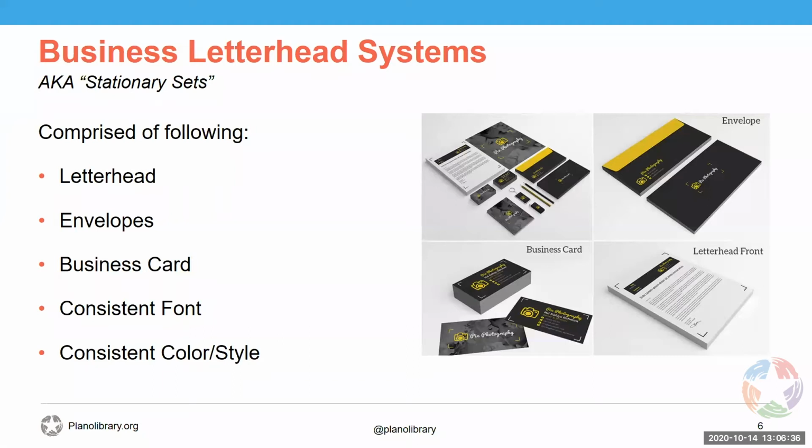Font especially is important. You want to think about having a consistent serif or sans serif font. Serif would be Times New Roman or Garamond, Georgia, anything that has a tail at the end of the letter. And sans serif is going to be a font type such as Arial or Century Gothic.